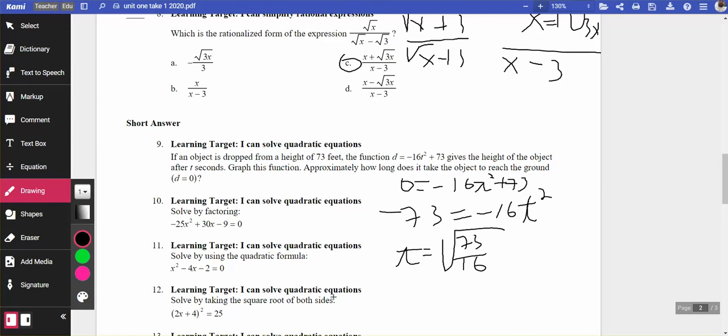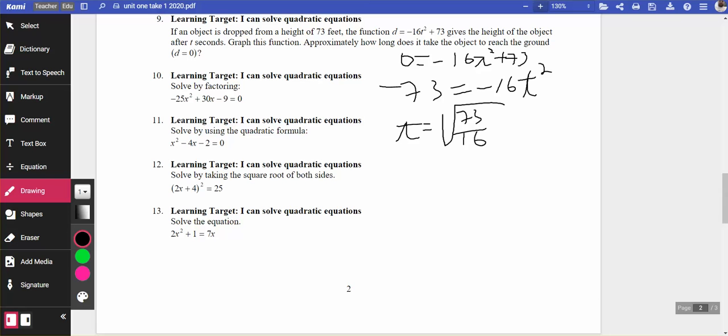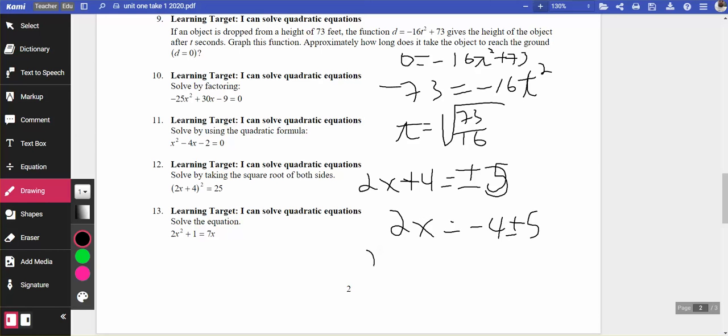Then we're looking at number 12. Number 12 says solve by taking the square roots of both sides. If you take the square root of both sides, you get 2x plus 4 equals plus or minus 5. Then you subtract 4, so you have two equations.